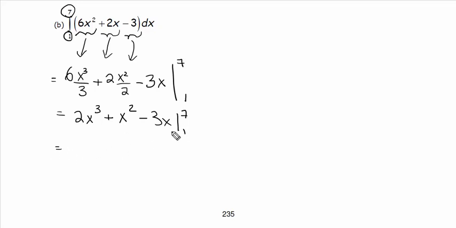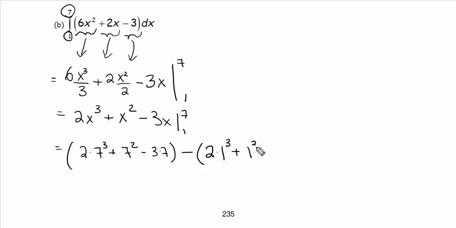Then I'm going to substitute in the 7, so 2 times 7 to the third plus 7 squared minus 3 times 7. Then subtract, and then substitute in the 1: 2 times 1 to the third plus 1 squared minus 3 times 1.